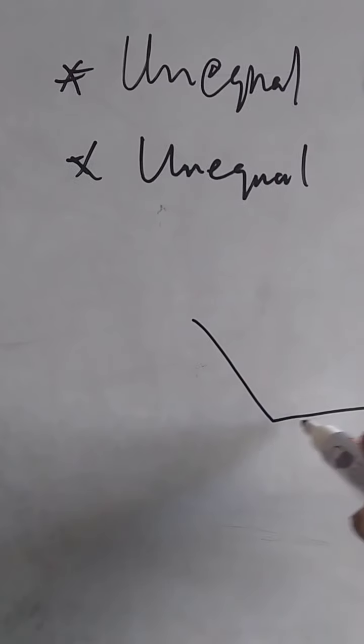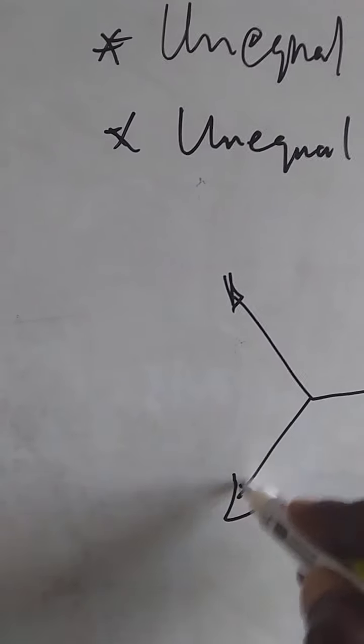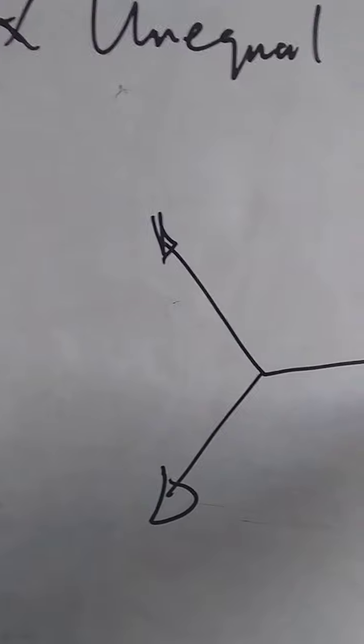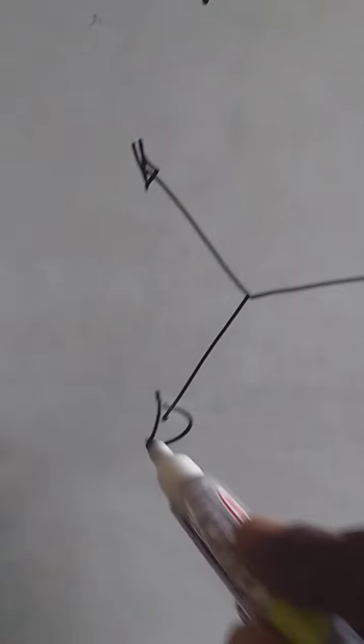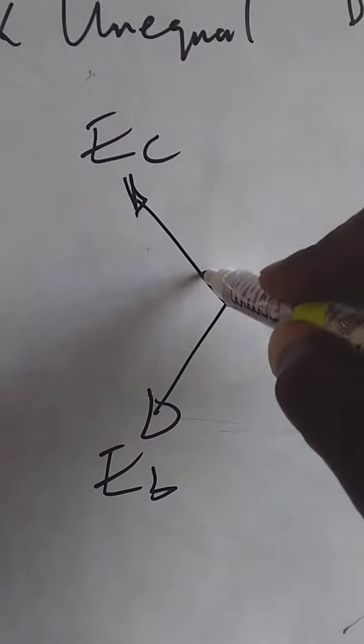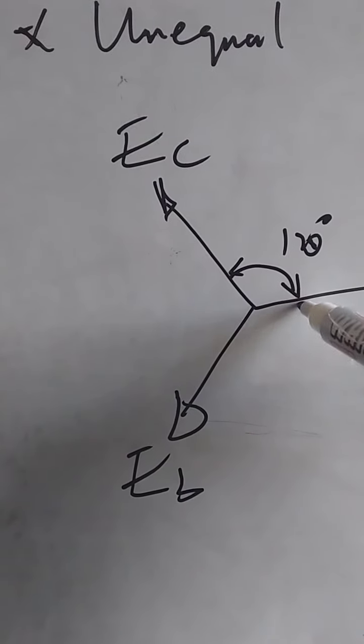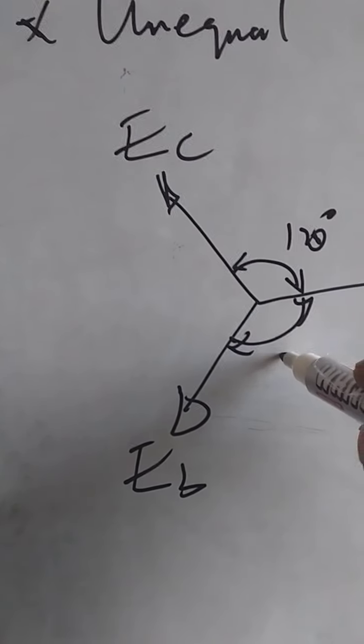If you look at a symmetrical balanced system, it will give you this picture, with displacements of 120 degrees between the phases.